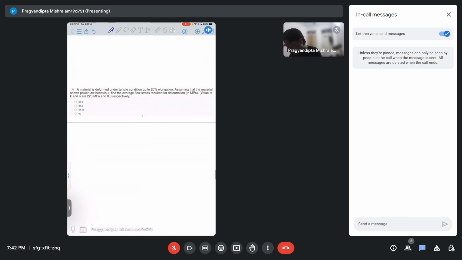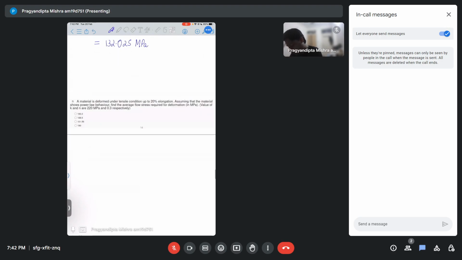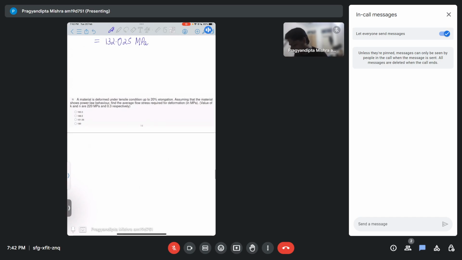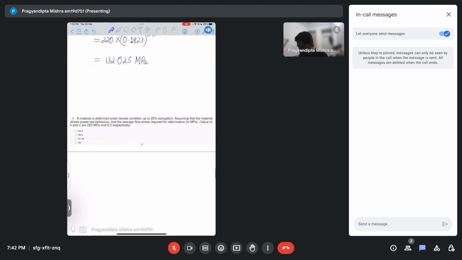Next question, they are telling a material is deformed under tensile condition up to 20% elongation. Assuming that the material shows power law behavior, find the average flow stress required for deformation. So it is the same question as previously, but this time they are asking us to find the average value of flow stress for deformation.